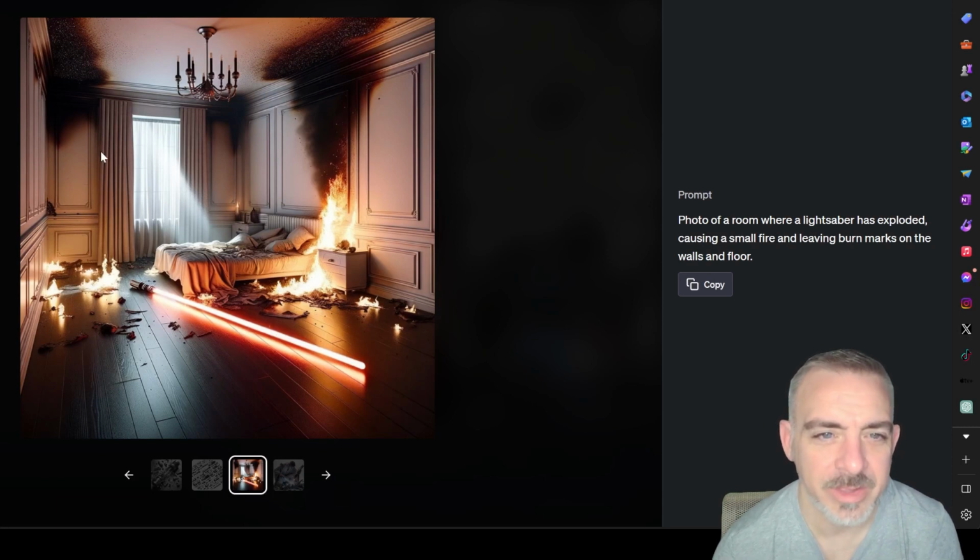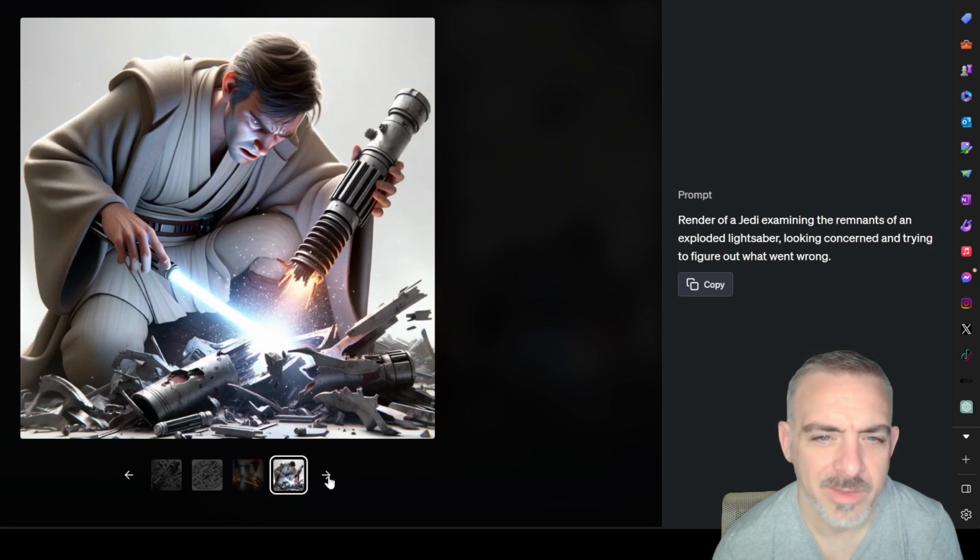This one definitely exploded. Caught half the room on fire. Yeah, I'm not sure what's going on here. That lightsaber is super long too. What? Yeah, this is a terrible picture.